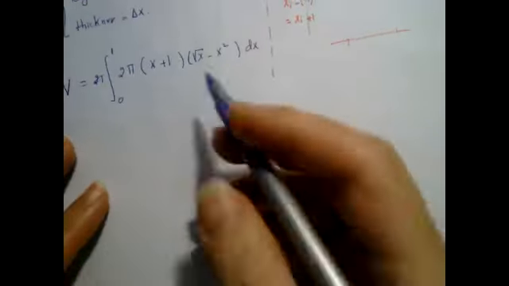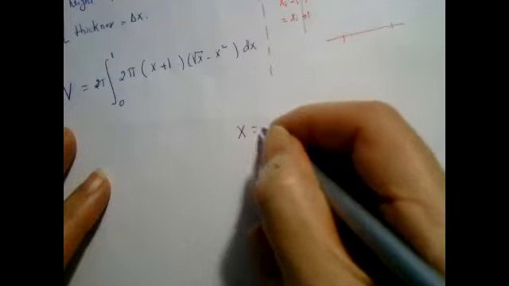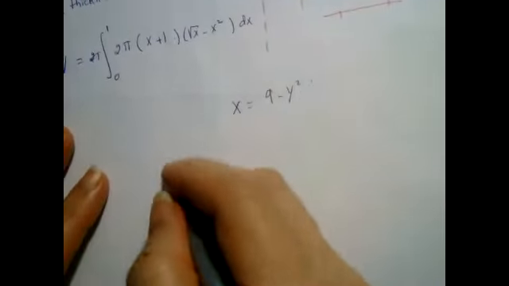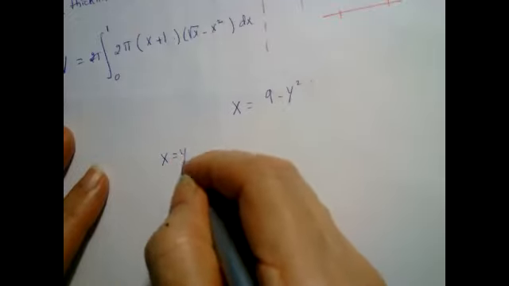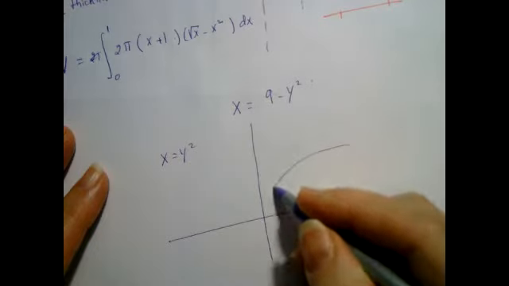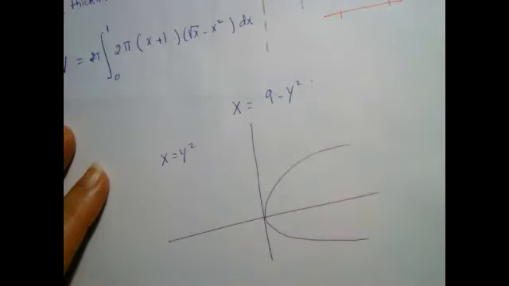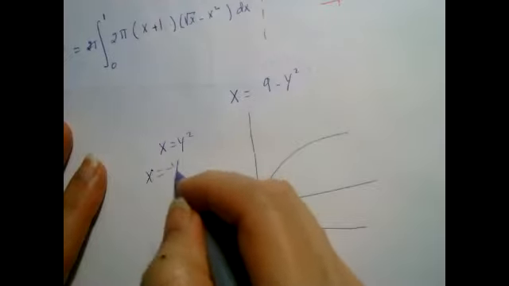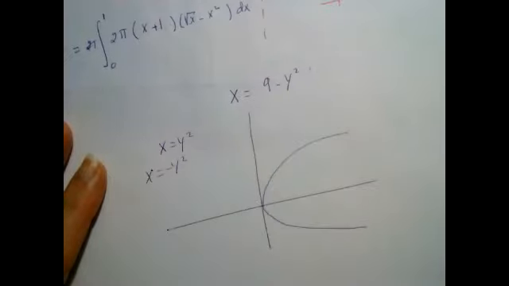Let me talk a little bit, how do we graph it? So if I want to graph x equals 9 minus y squared, the one that you should know is x equals y squared. So x equals y squared is this graph. All right? So x equals minus y squared basically should be this one.